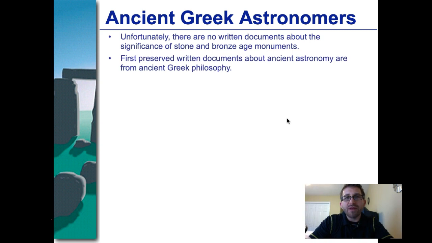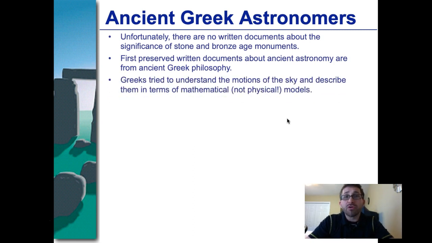We don't have a lot of information about things prior to the ancient Greeks. It's mostly interpretation. But starting with the ancient Greeks, they wrote things down, and that written word is preserved, and as a result we have a lot of information from the ancient Greeks, and a lot of their mathematics was also preserved.